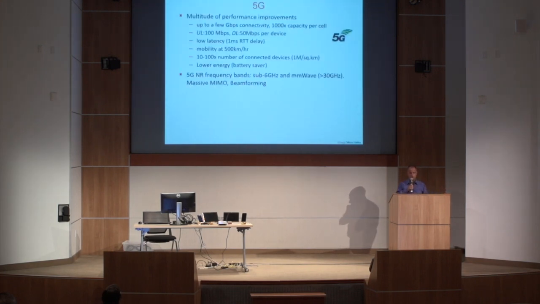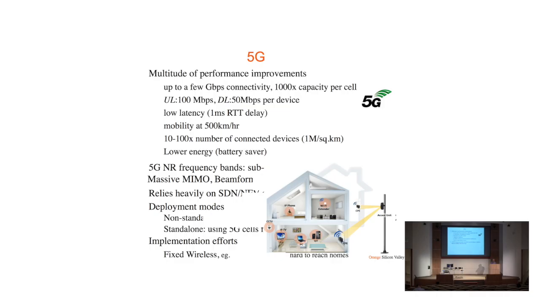5G is coming up. As you know, there's a lot of things going on in this space. And we expect a multitude of performance improvements. In terms of connectivity, if you look at a small cell, aggregate connectivity can be even 10 to 20 gigabits per second. That's like 1,000 times improvement from what we have today.